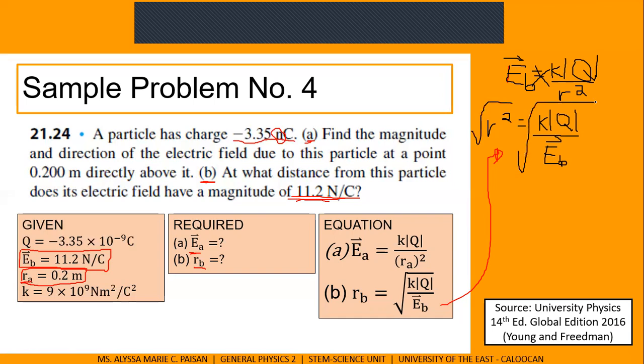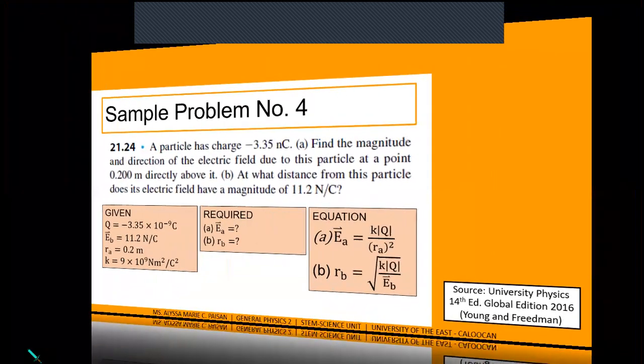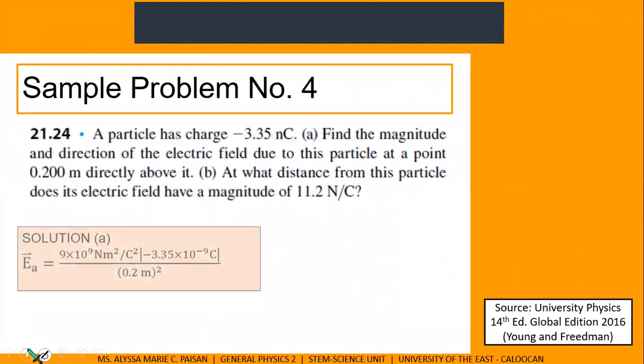So you square root and then R squared will be R, and then this one we will copy here. That's why ito yung result naman. Okay? Ayan. So, balik tayo sa color red na pen. And let's proceed to the solution number 1.